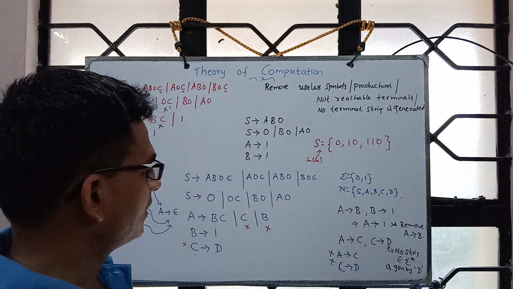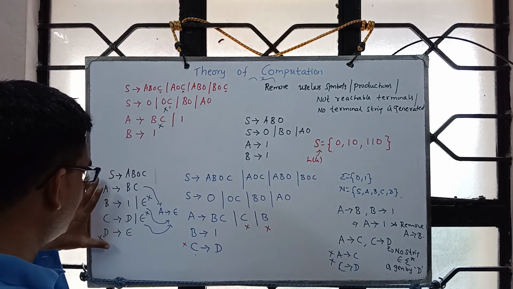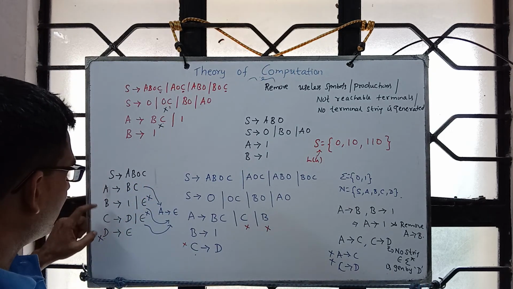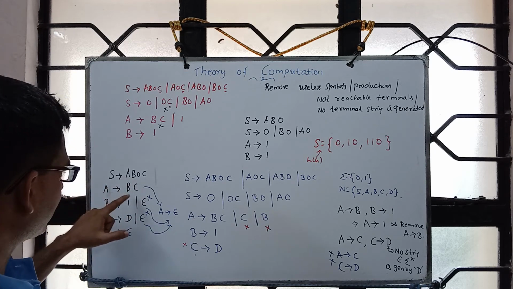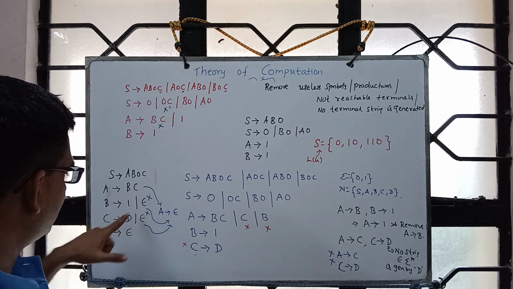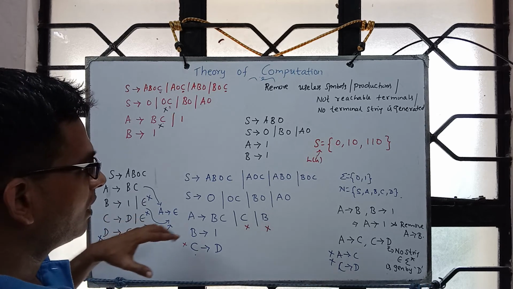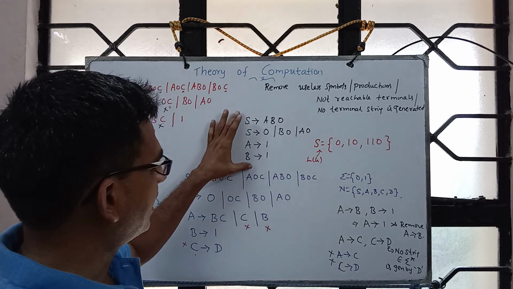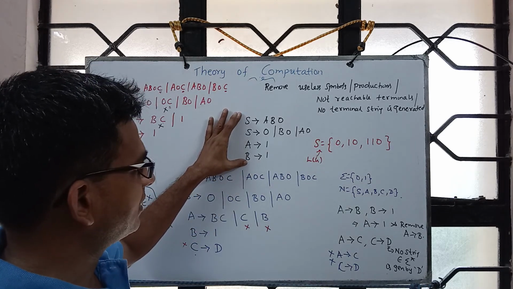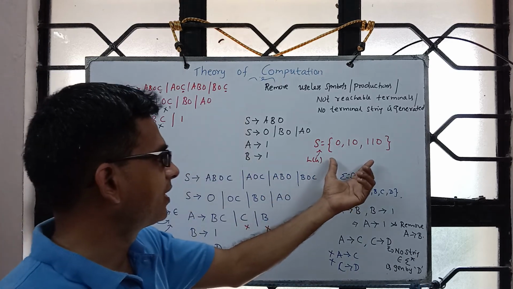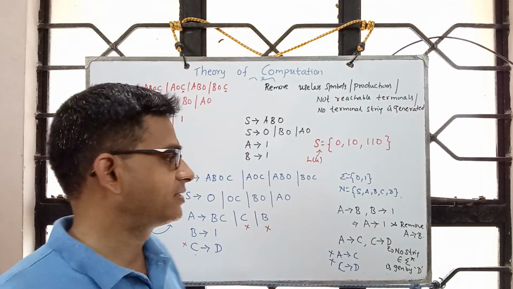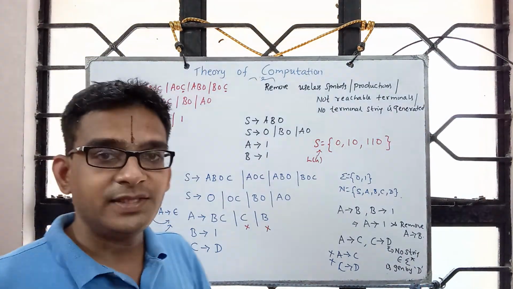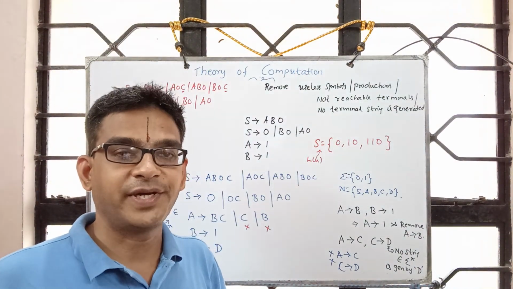That is all. If you look at this grammar, on the face of it, you see that there are recursive productions. A implies BC and so on. But on simplification, we see that the language accepted by the grammar is a finite set having just 3 strings. And this is the beauty of simplification.